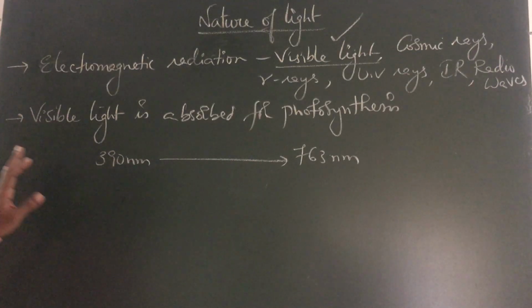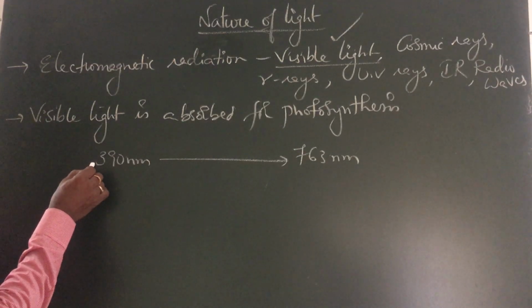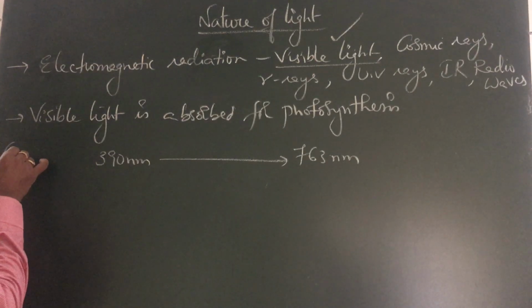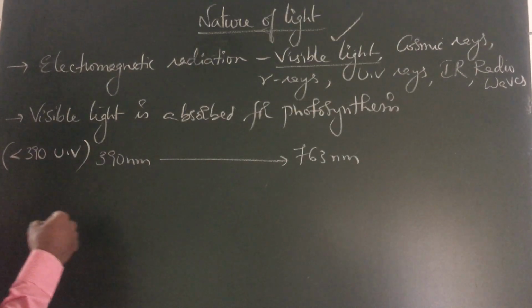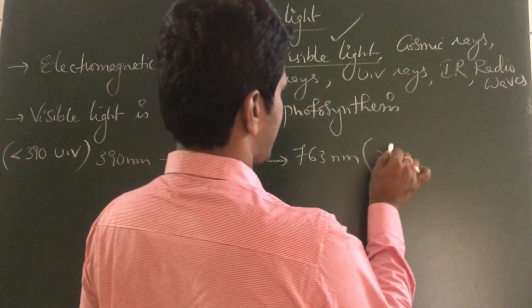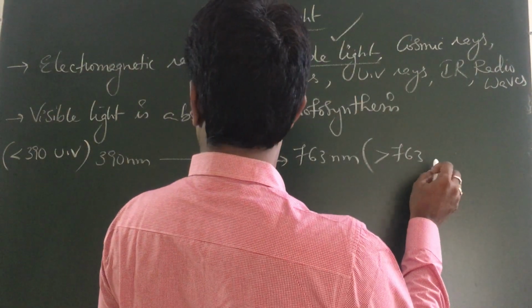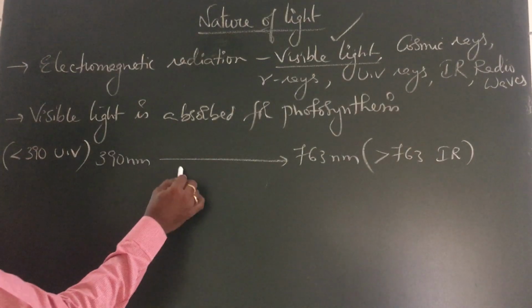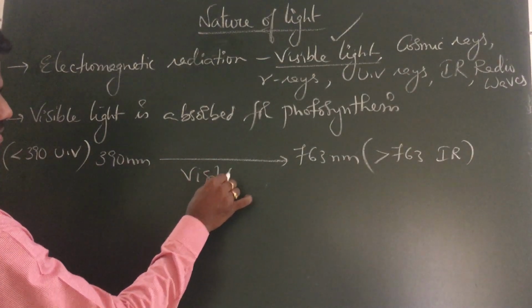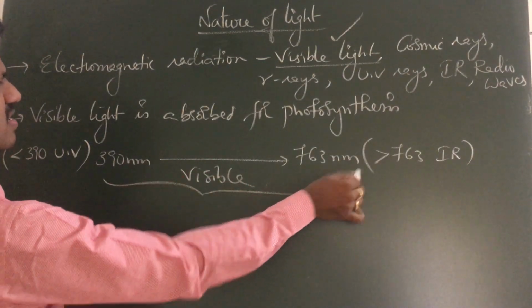So less than 390 is UV, more than 763 is IR, but this range is visible light.